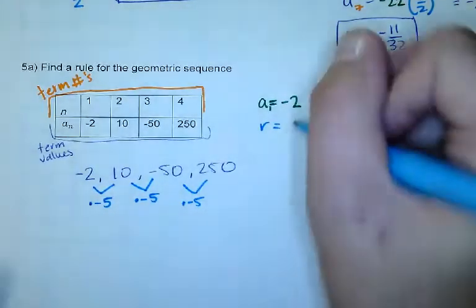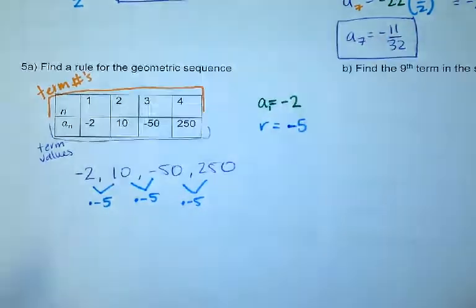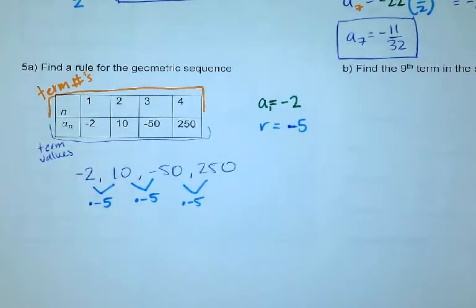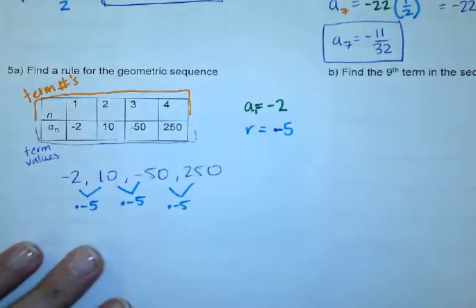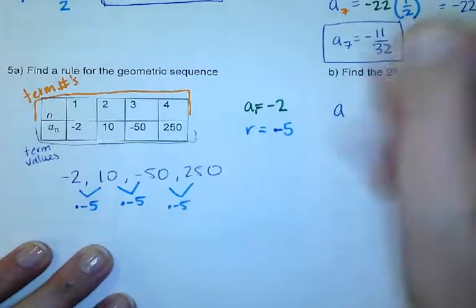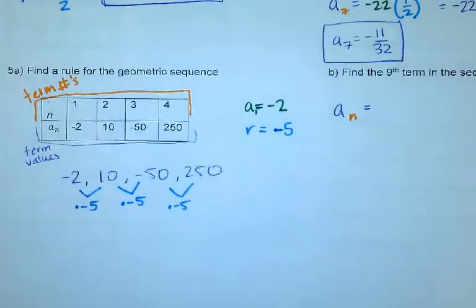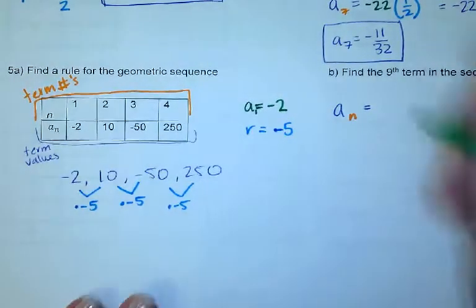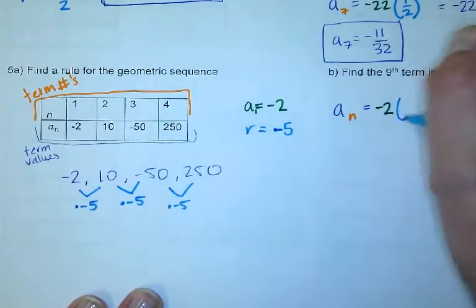So if we want to write our rule for the sequence, then how we would write this is I'm going to go ahead and actually just write it over here. My a sub n is equal to, let's see here. Remember, we start with our a sub 1, so that's going to be -2 times -5, because that's our ratio, raised to the n minus 1 power.